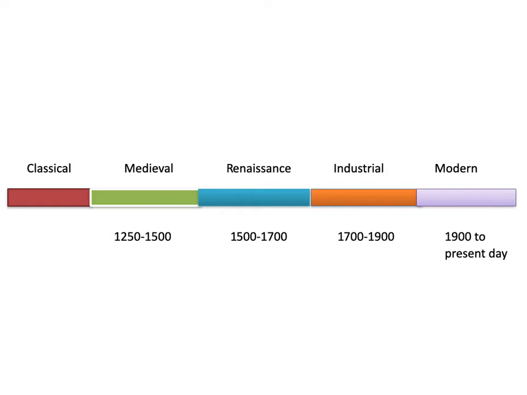So we need to know a bit about what they were thinking then in order to know what the medieval people were thinking. Now when I say classical, I'm talking about Romans and Greeks, ancient Romans and ancient Greeks. So today we're going to have a look at what they believed about medicine and how this continued into the medieval period.